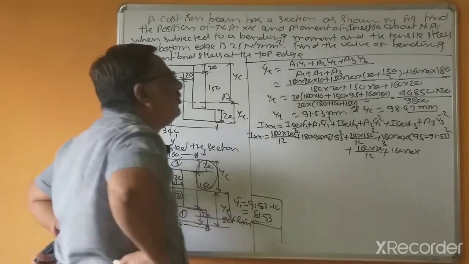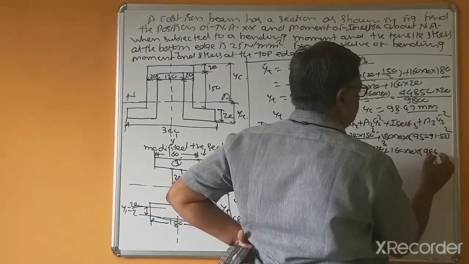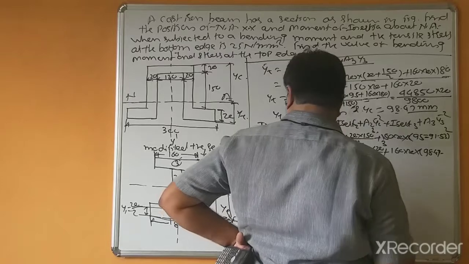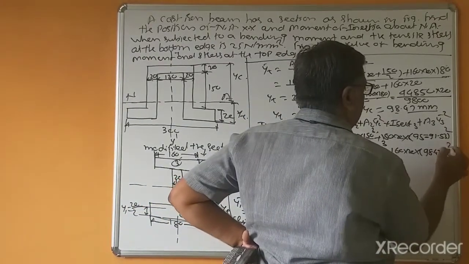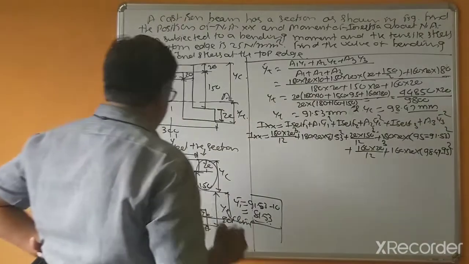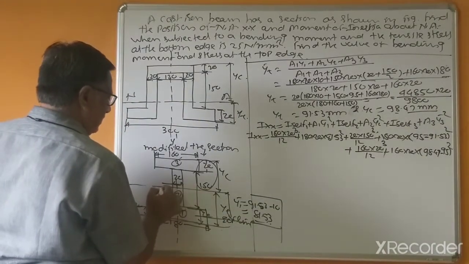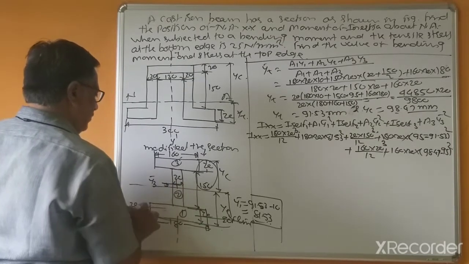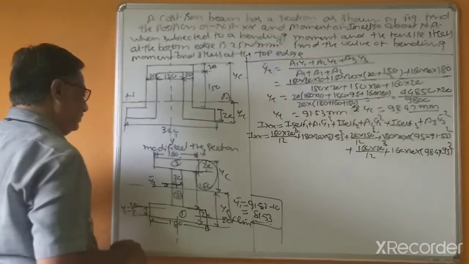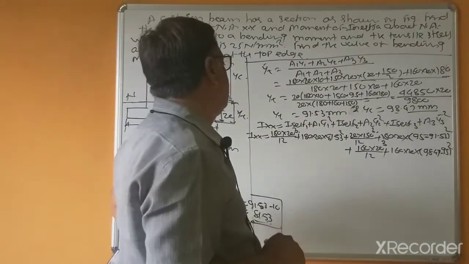YC is 98.47 minus 95 bracket square, because this distance is the y3 bar, similar type as y2.